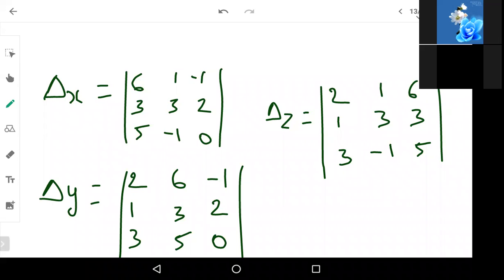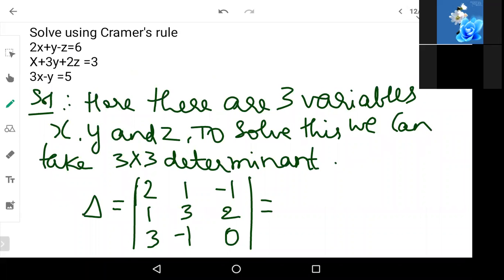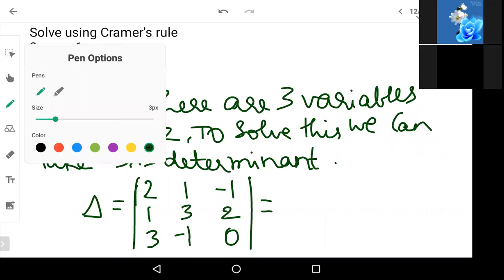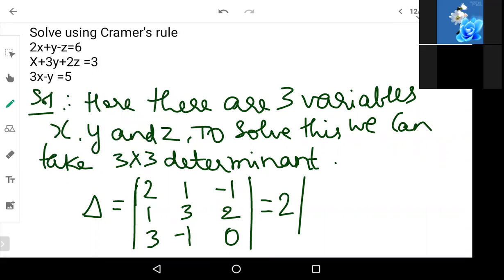Delta is 8. No, Anusha. Delta is not 8. Find out the value quickly. So you will have to take 2 into 3, 2, minus 1 and 0.